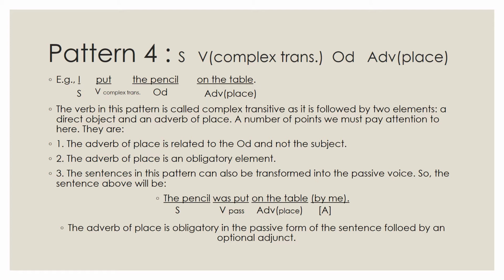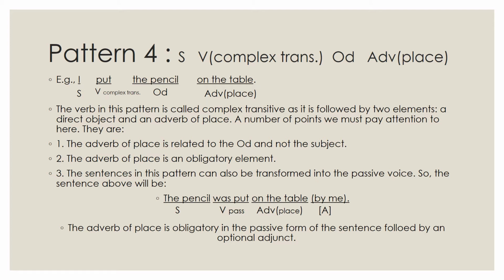What about another important question? The adverb of a place here, is it an obligatory or optional element? Let us try to delete on the table from the sentence and see what effect it can cause to the structure, to the meaning of the sentence.